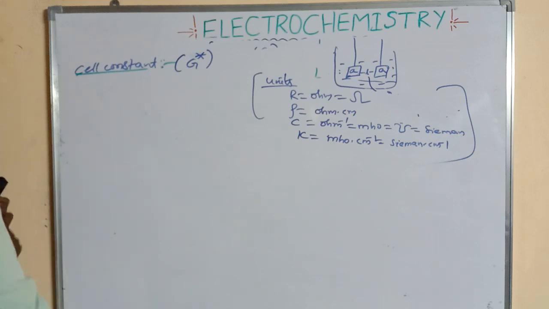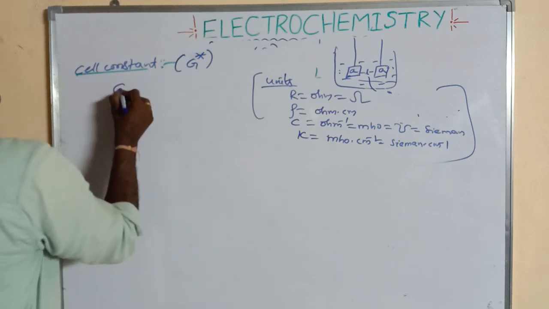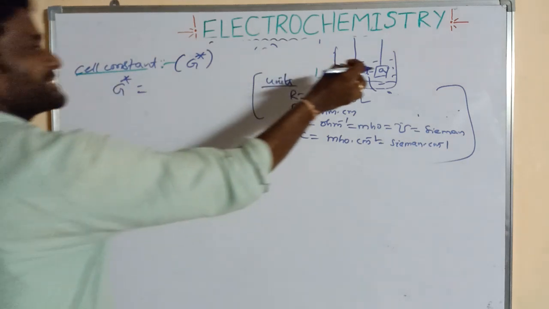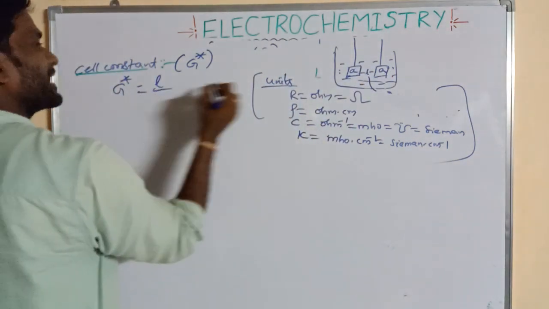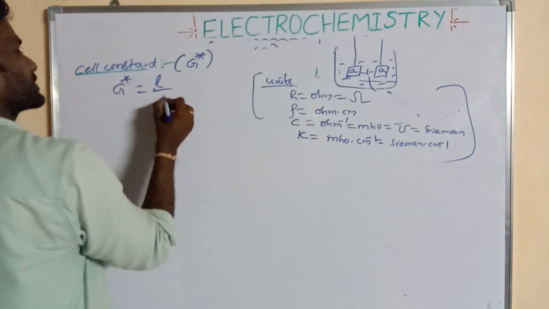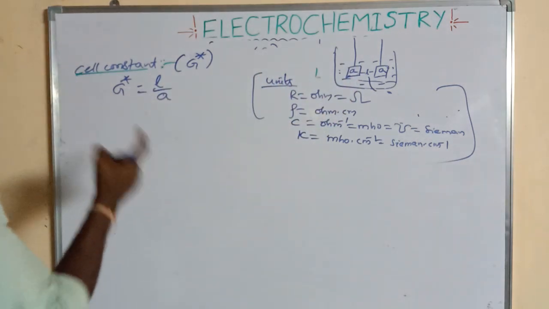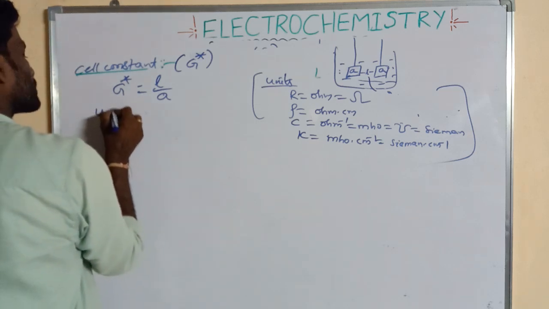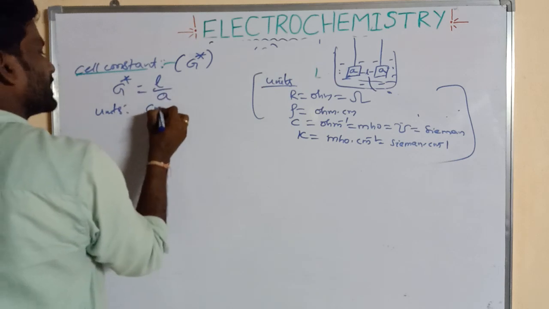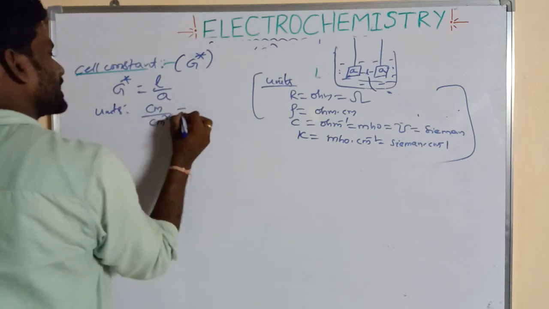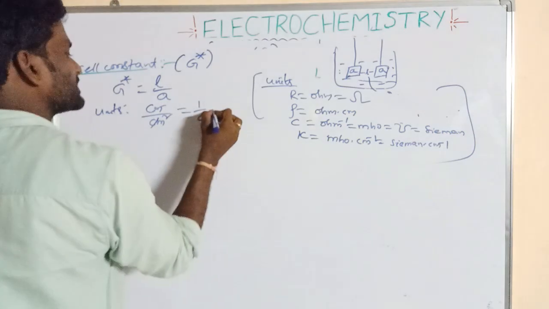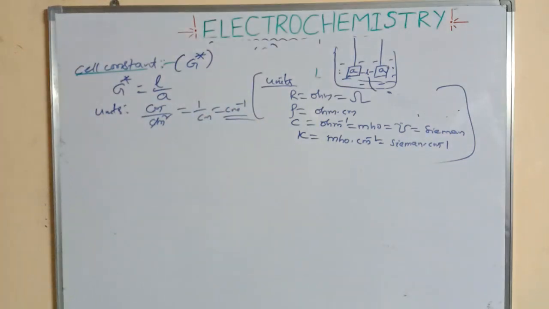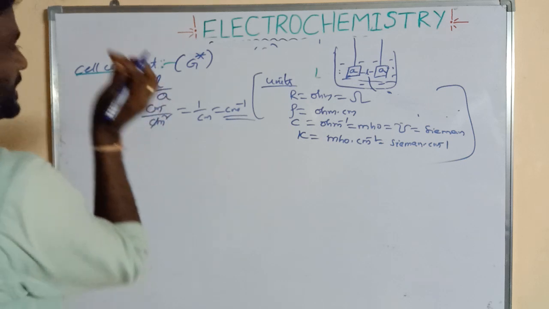G star is equal to the ratio of the distance between the electrodes and the cross sectional area of the electrodes. This L by A is known as cell constant. Its units are L centimeter by A centimeter square, so centimeter cancels and we get centimeter inverse. This is the unit of cell constant.